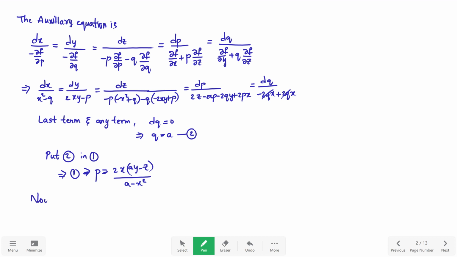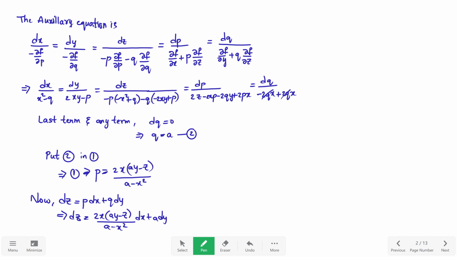Consider dz, that is dz equal to p dx plus q dy. Now we can write this as dz equal to 2x into (ay minus z) by (a minus x squared) into dx plus a into dy.